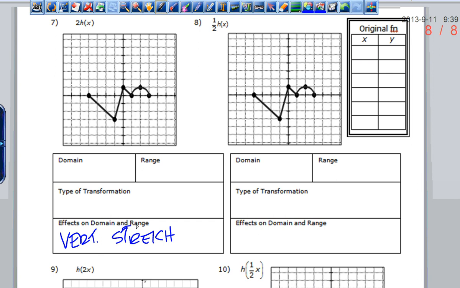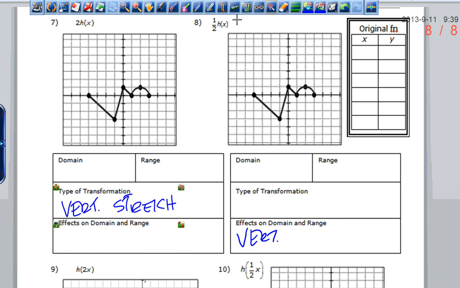Vertical stretch when there's a big number on the outside. If it's a small number on the outside, what's happening there for number 8? It's a compression. So it's a vertical compression.